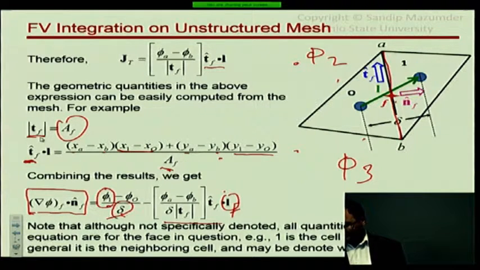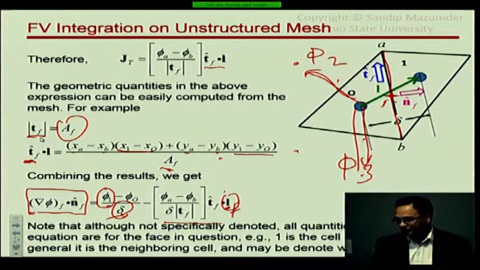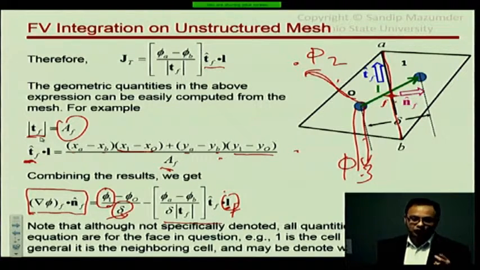This delta will be replaced by the corresponding delta for these two, and similarly the L will get replaced by these vectors. So that's what I'm saying here: those are local quantities for that face, the delta and the L. Any questions?